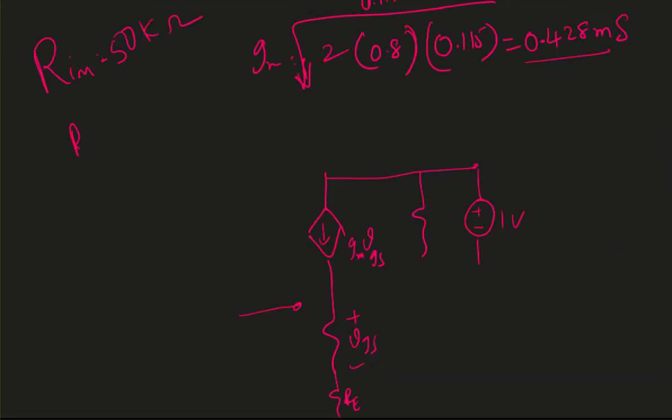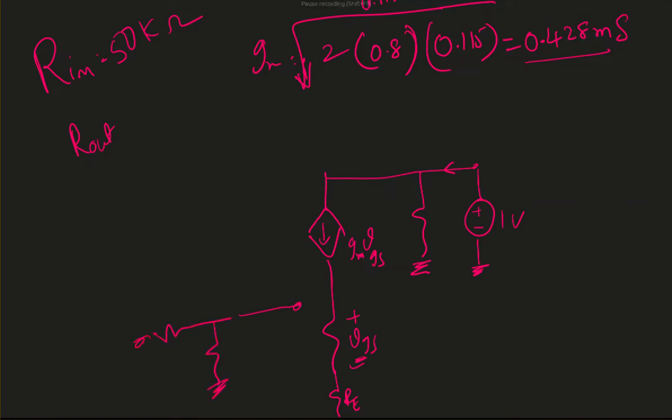So while finding Rout here, you need to connect either a test voltage or test current source because of the dependent source. When I connect that 1 volt voltage source, the current is going to come here and pass through this because my VGS is 0. Why is VGS 0? This VGS is the voltage on the gate side.